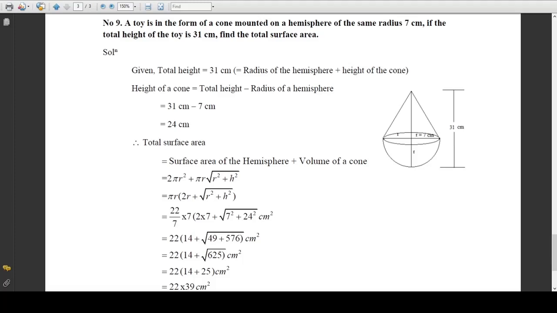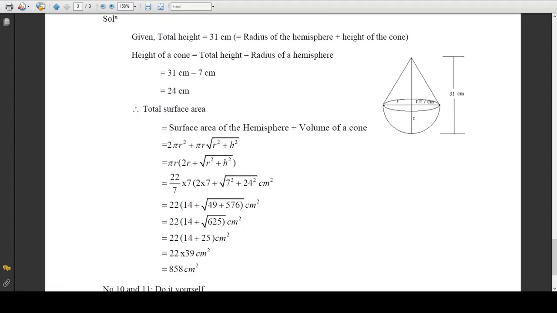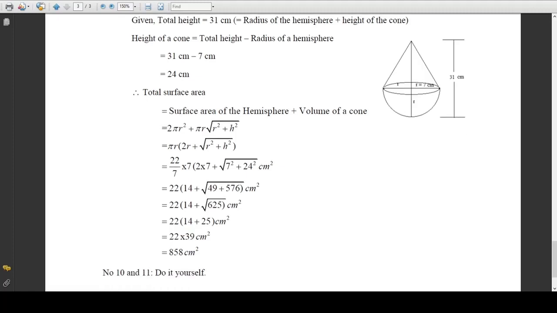Now 49 plus 576 is 625. Square root of this will be 25. Now 14 plus 25 is 39. 39 multiplied by 22 is 858 centimeter square, which is the total surface area.